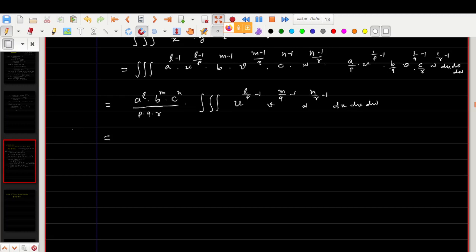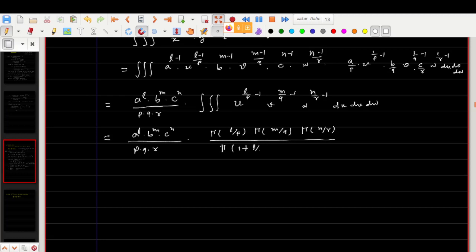And now by Dirichlet's theorem, can someone confirm what is going to be the final answer? At least this step: that is gamma of l by p, gamma of m by q, gamma of n by r divided by gamma of l by p plus m by q plus n by r plus 1, right?